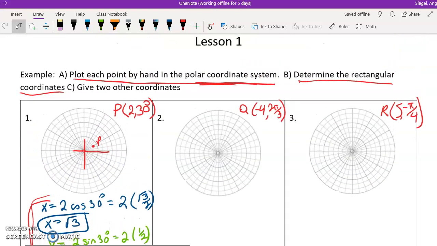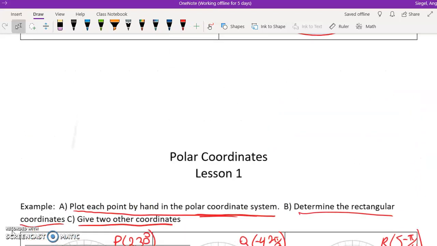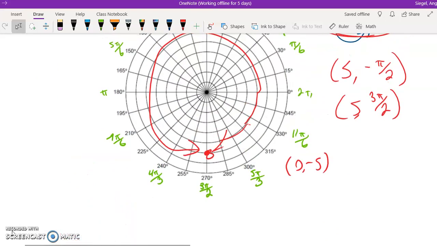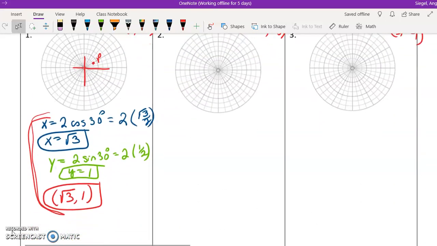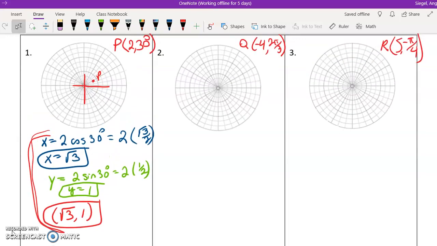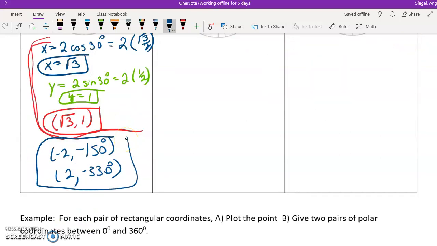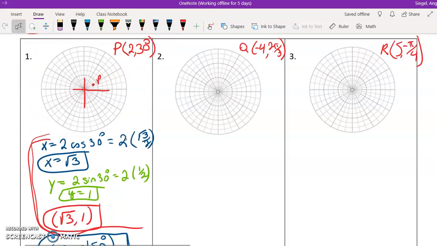Okay, so I'm going to go up here. It also asks us to find 2 other coordinate points. This is what we did up here. So go ahead and see what you can do as far as 2 other coordinate points. Okay, so for my 2, I chose to do -2, -150. So let's think about that.